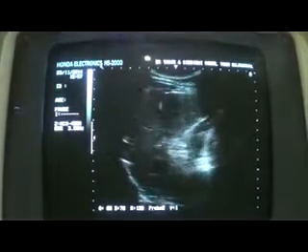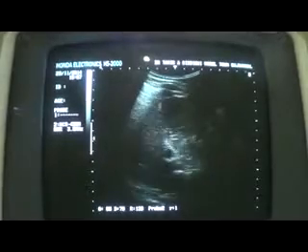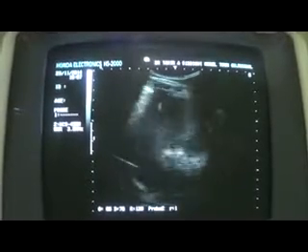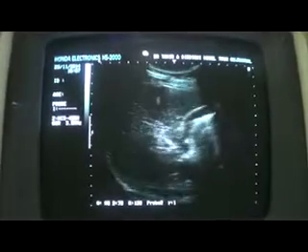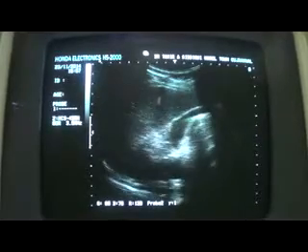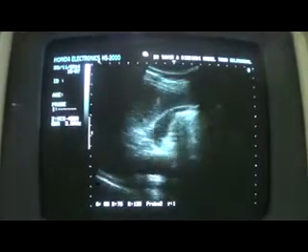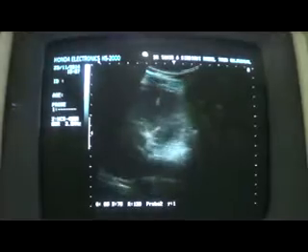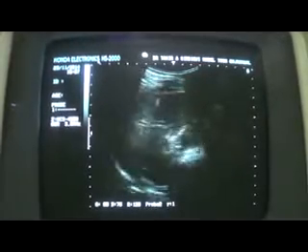And here we are. This is the view of the gallbladder from the intercostal space.